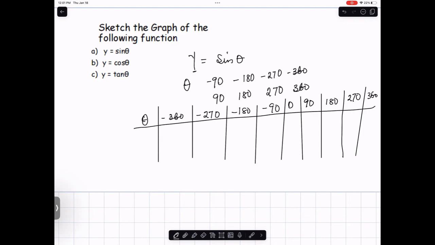So I will have my value for y. I will know y is equal to what? Sine theta. So for every value of theta, I substitute the value I have up there.